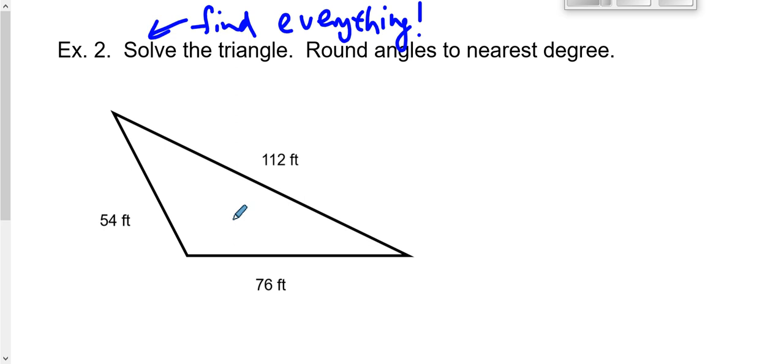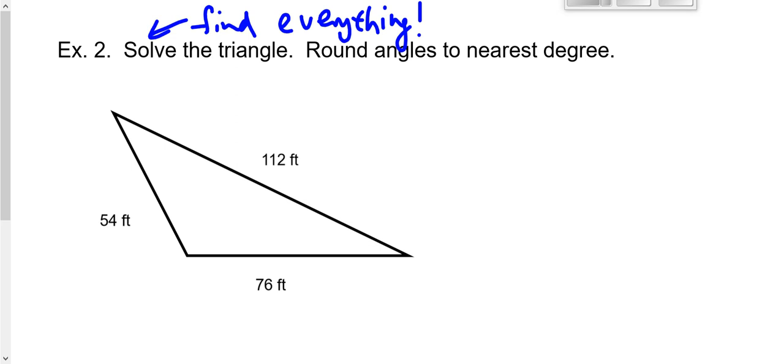From experience, it would be better off to find the largest angle first, which is in this case this one here. Why? If you recall last day's lesson, we talked about the ambiguous case. So if we start off with the largest angle, then we don't have to worry about the ambiguous case.